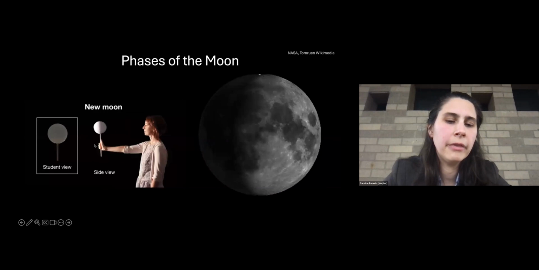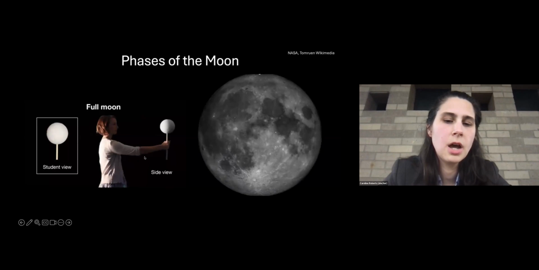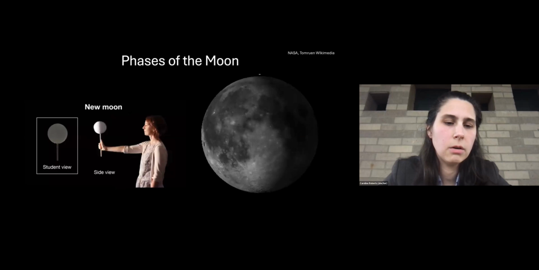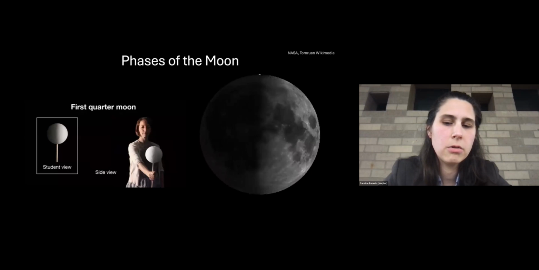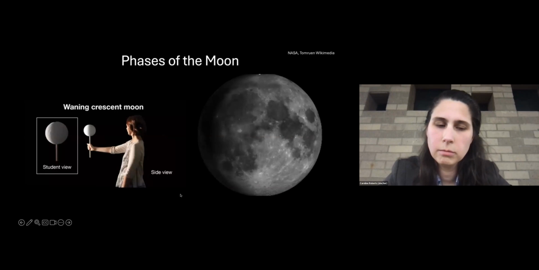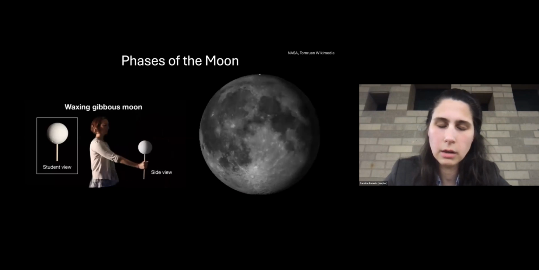But as it goes around the Earth, we see different fractions of that reflected sunlight and that dark shadow as the moon orbits around the Earth. And so these phases of the moon are a real concept that astronomers talk a lot about and think a lot about.